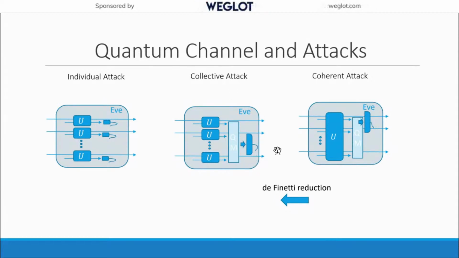And the strongest attack, of course, is that she interacts with every single state altogether with one interaction, and then she stores her modes and applies a collective measurement. This is a coherent attack, but through a mathematical procedure, usually in most cases, it can be reduced to the collective attacks. So in a sense, proving the security for collective attacks, we can extend the security also for the case of coherent attacks.